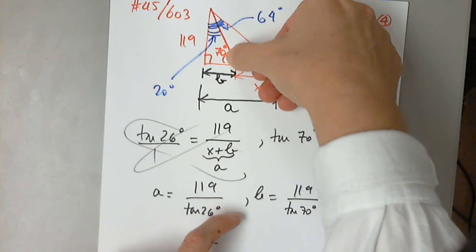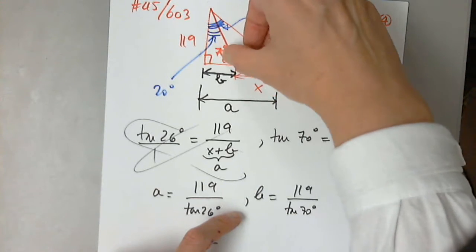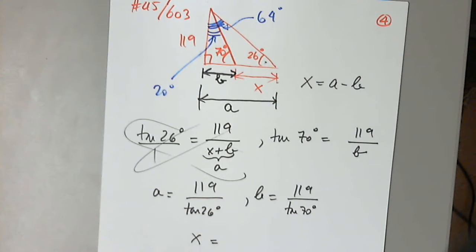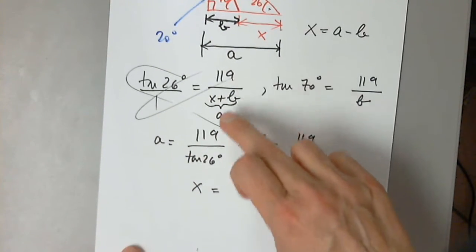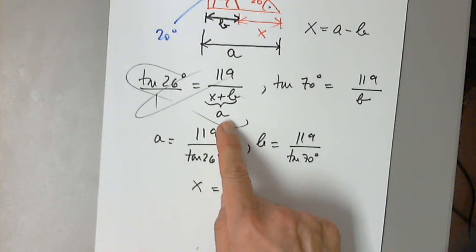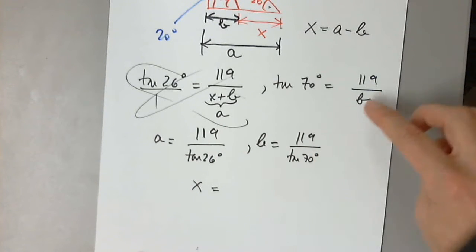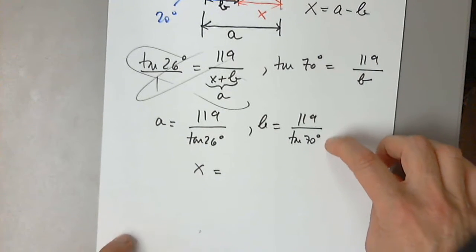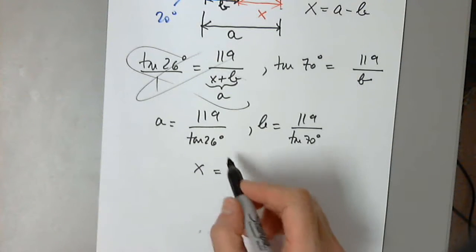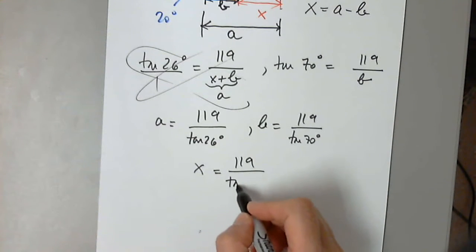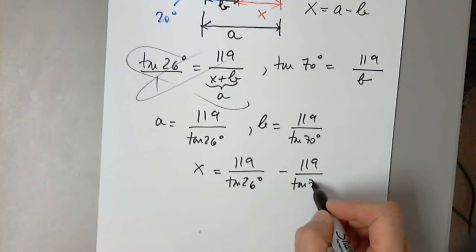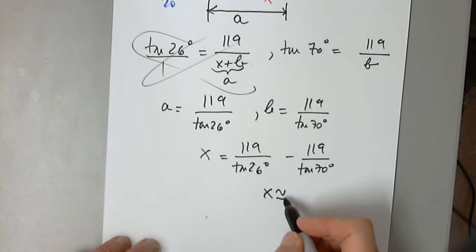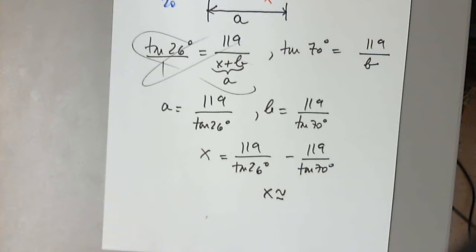And then I have tangent 70, which is the opposite over the adjacent, which is 119 over B. From this relationship, I solve for A, which is 119 over tangent 26 degrees, and then I solve for B, 119 over tangent 70. And then all I have to do is copy 119 over tangent 26 degrees minus 119 over tangent 70 degrees, and I get an approximation for x.